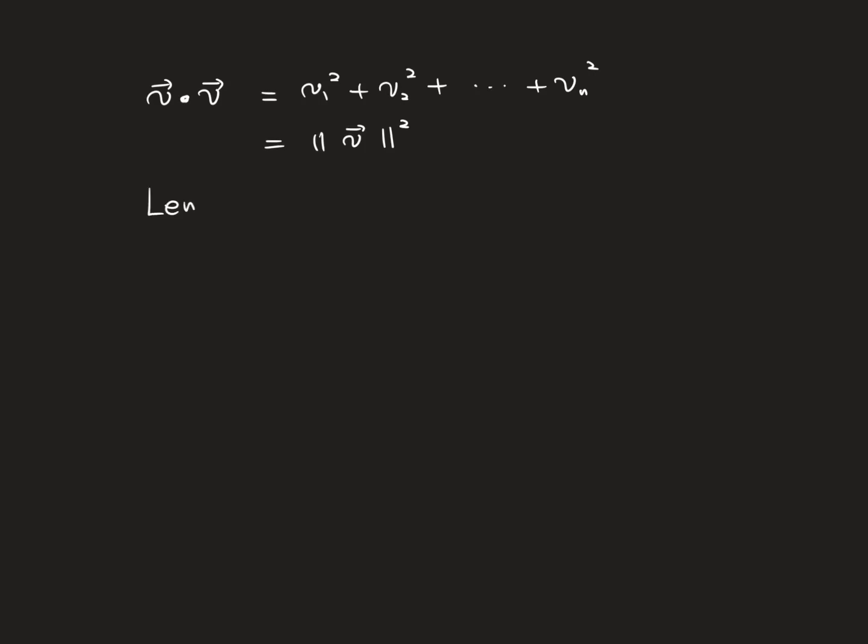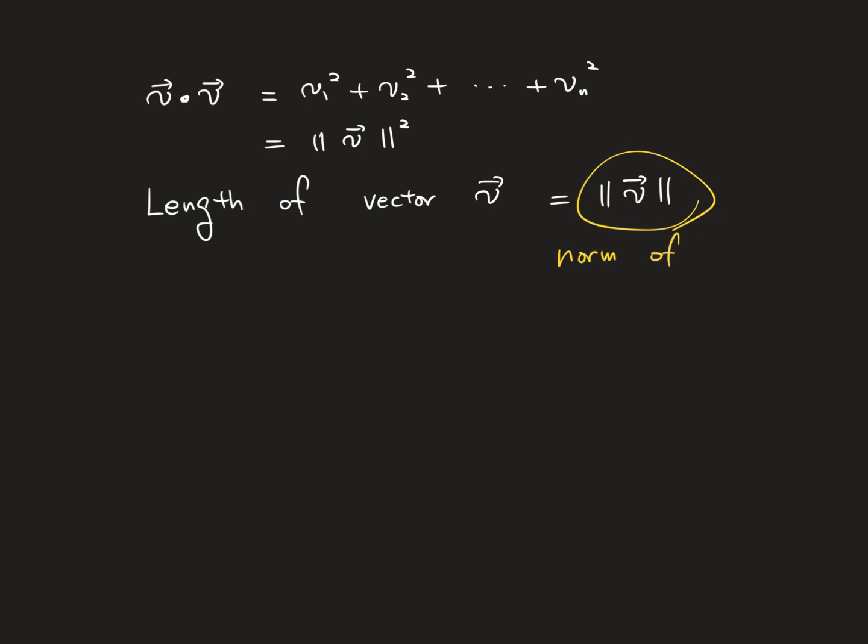The length of a vector v is the norm of the vector. So when I write this notation, you can call it the norm of the vector.